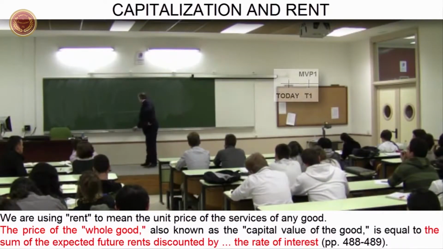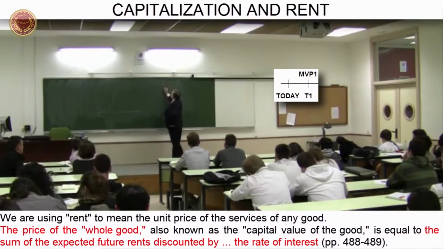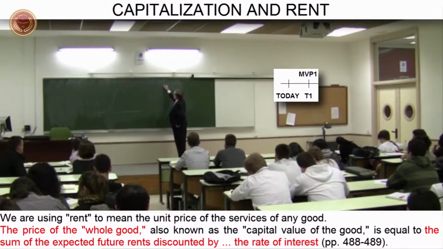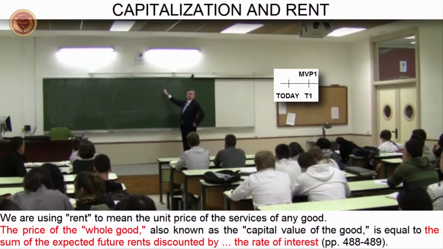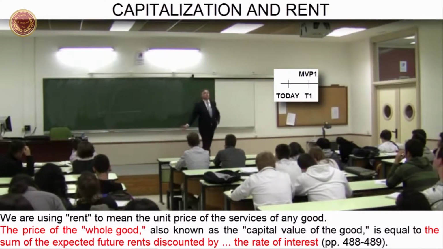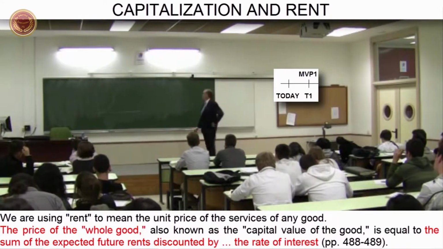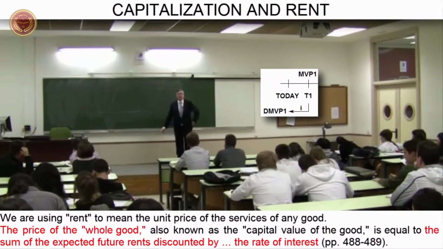Let us imagine that in period T1, a capital good provides value V1. In the first year, the good, an apartment, provides services which have a market price, a rent of 12,000 euros, 1,000 euros each month. Well, to arrive at the present value of V1, we discount it by the interest rate.